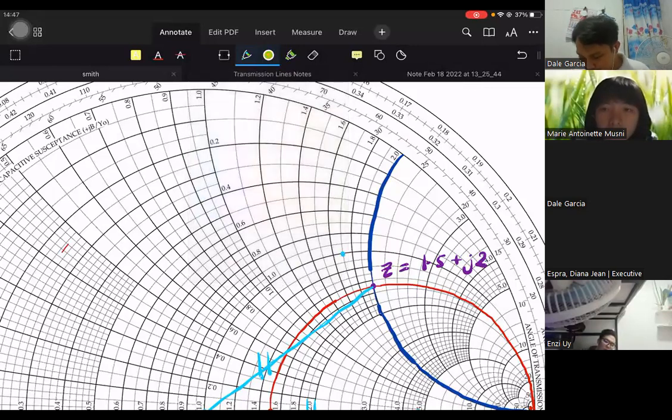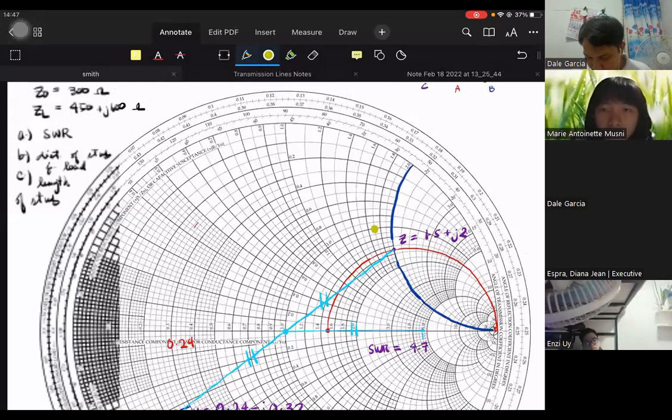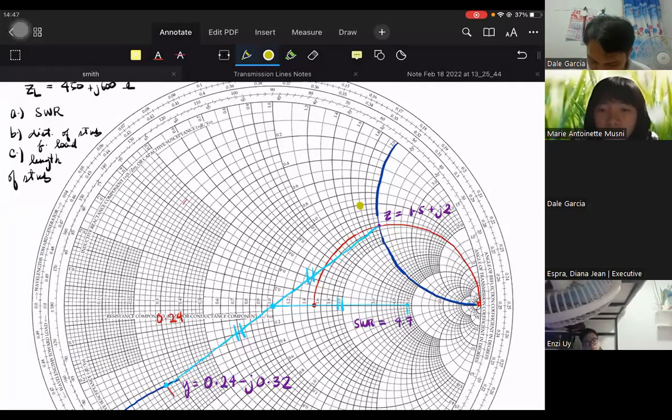Once we draw the circle of Z or Y, it will intersect the R equal to 1 line at this point.